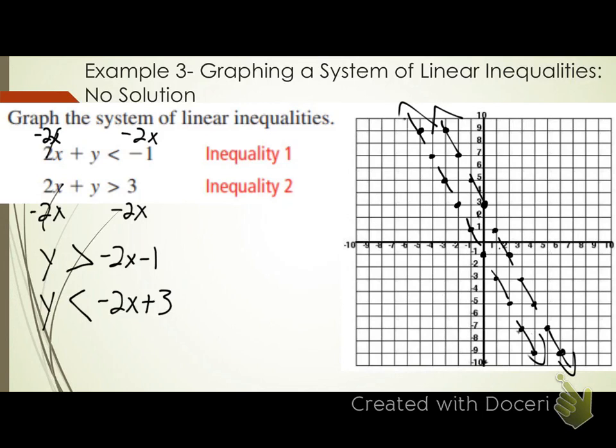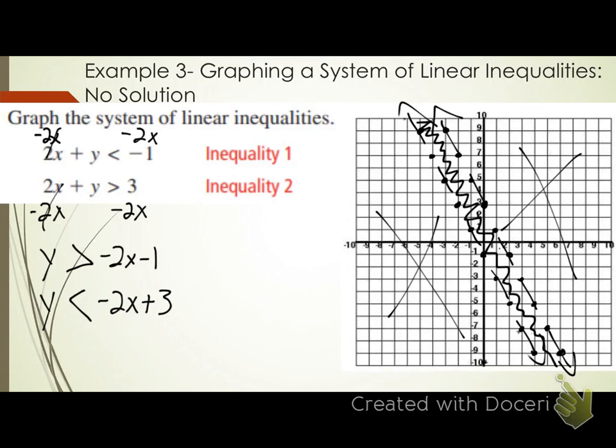Above, so would I shade anything below it? No. This one, y is less than negative 2x plus 3. Above or below the line? Below, would I shade anything above? No. What section is left? The middle section. So those ordered pairs would be my solution. I'm just trying to do all of this to show you that you can get a solution if your lines are parallel. It's not an automatic no solution. Does that make sense? Any questions or confusion on that?